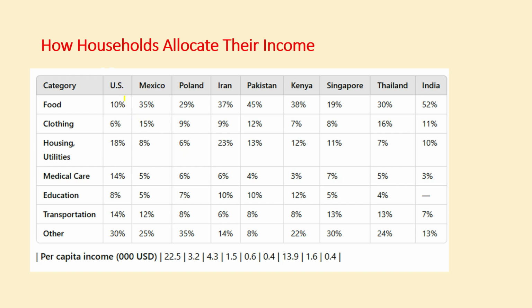For example, in the USA, you can see people are spending 10% of their disposable income on food, and on housing and utilities they are spending 18%. And in others, like recreational activities, adventure and tour traveling and all that stuff, they are spending their money over here. In a country like Pakistan, you can see 45% is spent on food, so their disposable income is less for that.